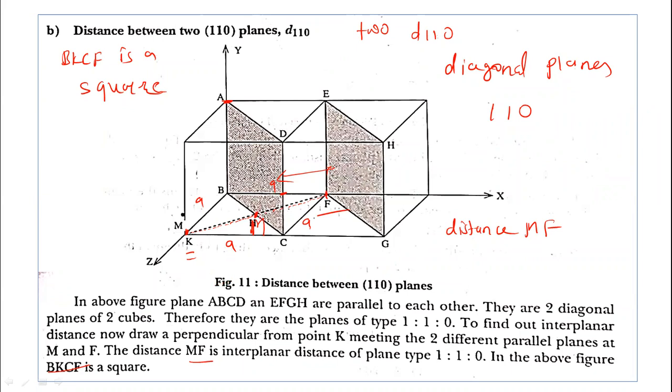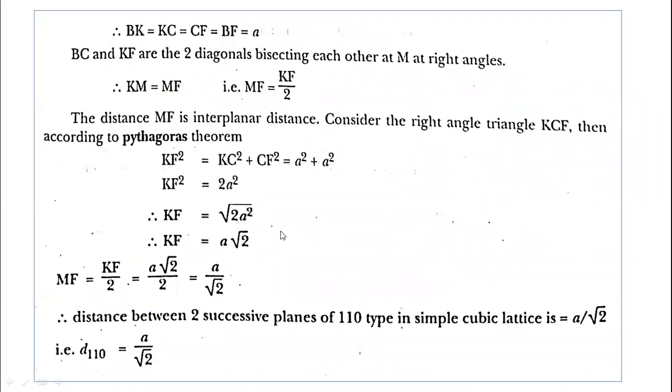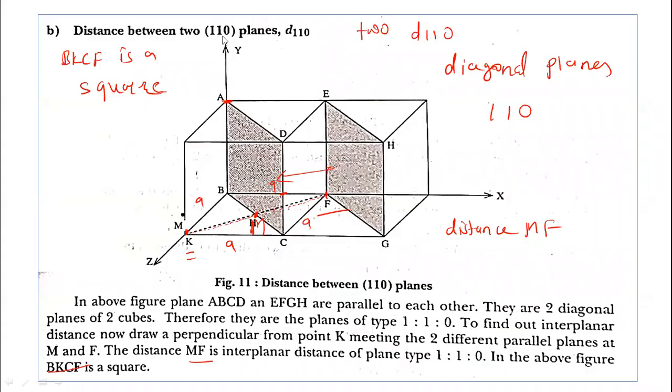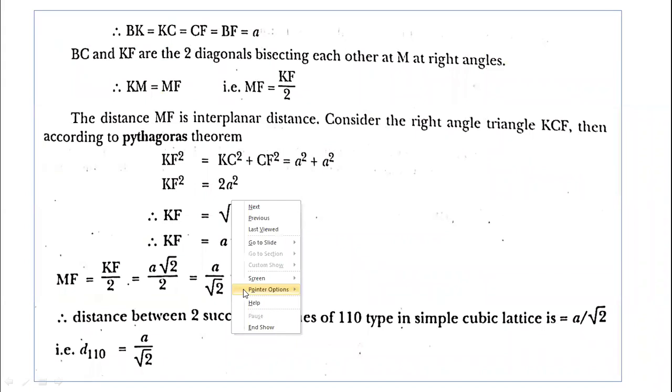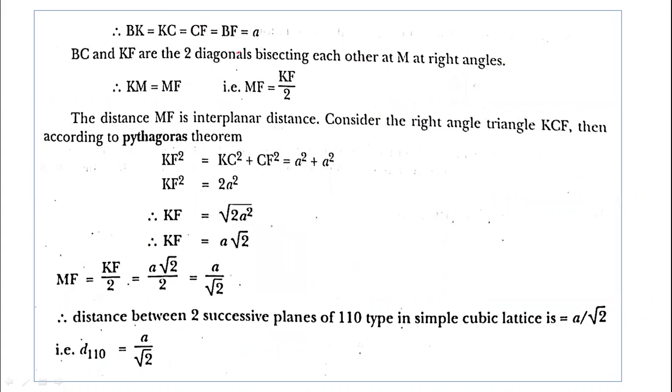How to find this diagonal BC? Let us see here. BK equals KC equals CF equals BF, because it is a square, so they are the same, and that is equal to A here, the length of the cube.